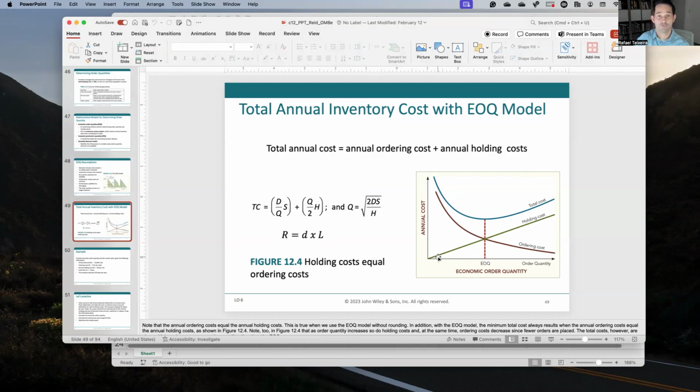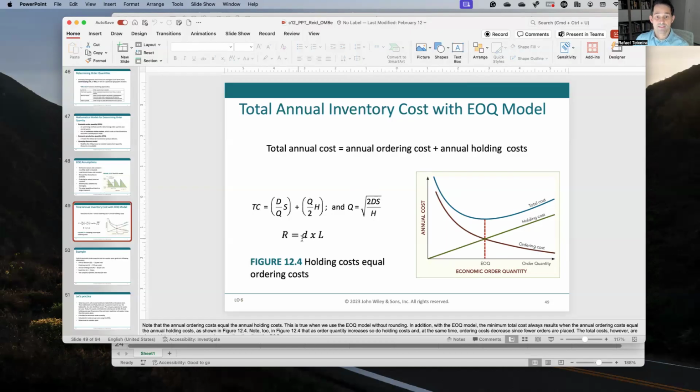You don't hold any unit in inventory, so the holding cost is low, but you place too many orders, so the ordering cost is high. So there is an optimal point that minimizes these two costs of holding and placing orders. That's the optimal order quantity, which is this Q here. This gives us the optimal order quantity to buy every time the company purchases.